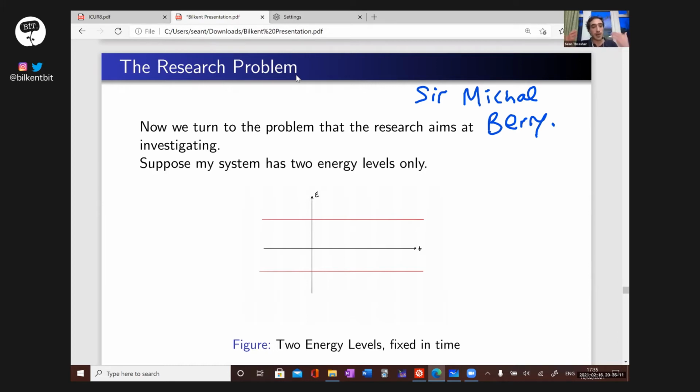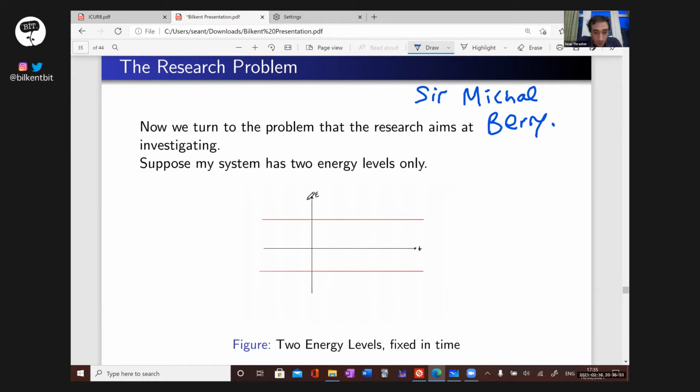So let's say that I have a Hamiltonian, and this Hamiltonian describes an electron in a two-level system. It could be two energy levels, or it could be whether the electron is hard or soft, if that rings any bells from the previous talk. Now, the energy levels could depend on time.